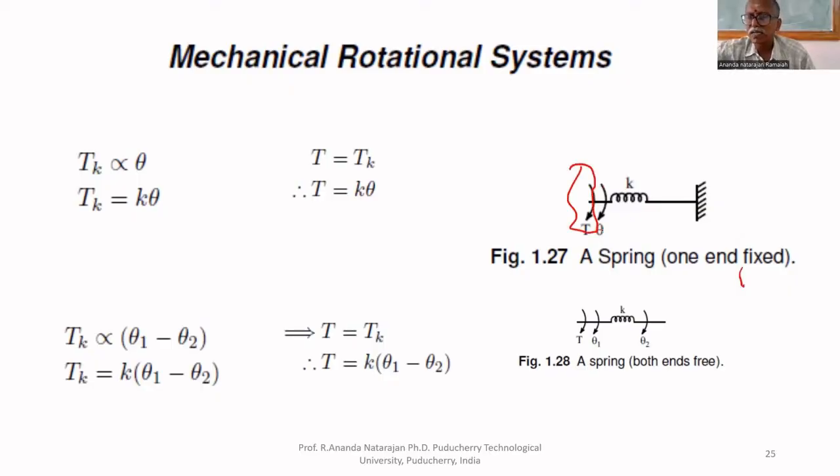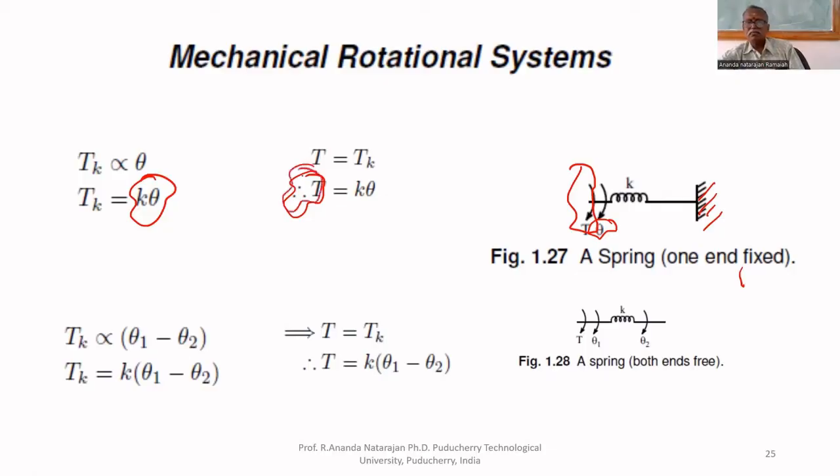The displacement in the spring is theta. One end is fixed. Because of the applied torque, the displacement in the spring is theta. Therefore, the reactional force is k theta. Sorry, not reaction force, the reactional torque is k theta.